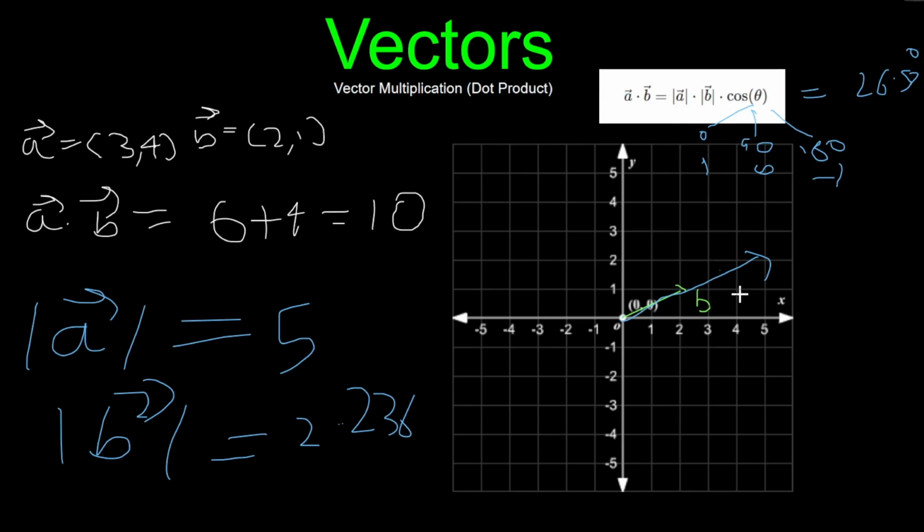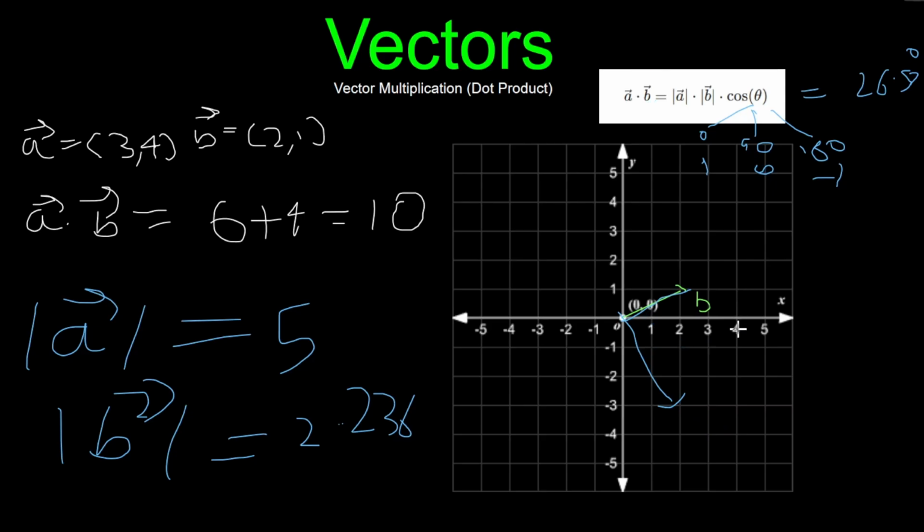Let's say the vectors are perpendicular to each other instead of moving in the same direction. Instead of overlapping with the B vector, it is perpendicular, at 90 degrees. What is cos 90? Cos 90 is 0, so the whole dot product will be 0.